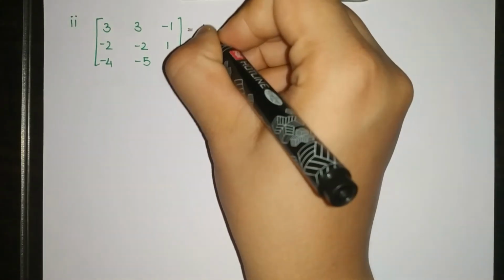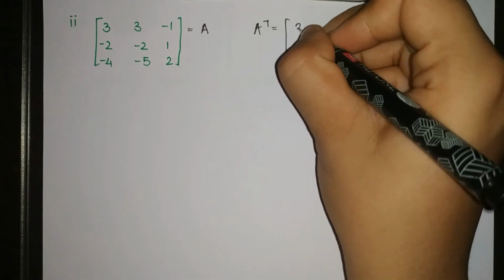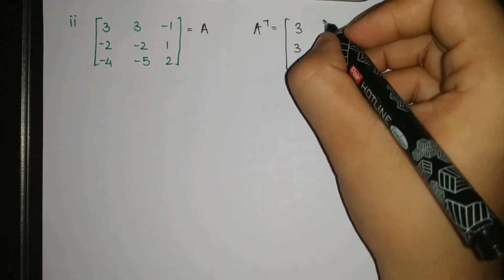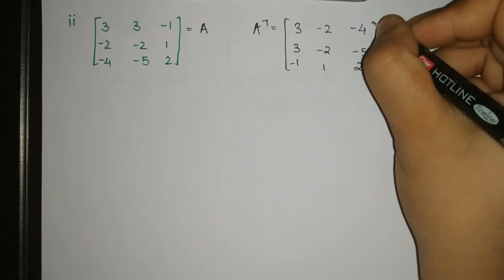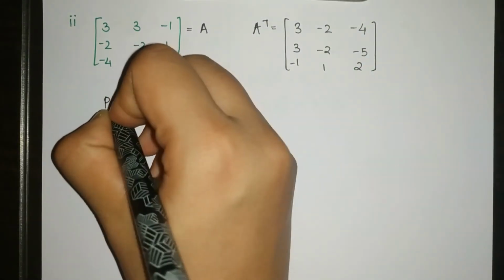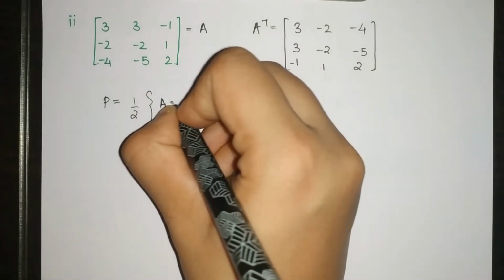So I call this matrix as A. Now I find A transpose. A transpose के लिए I will have to make the rows into columns. Okay. Now let us find matrix P, which is half into A plus A transpose.